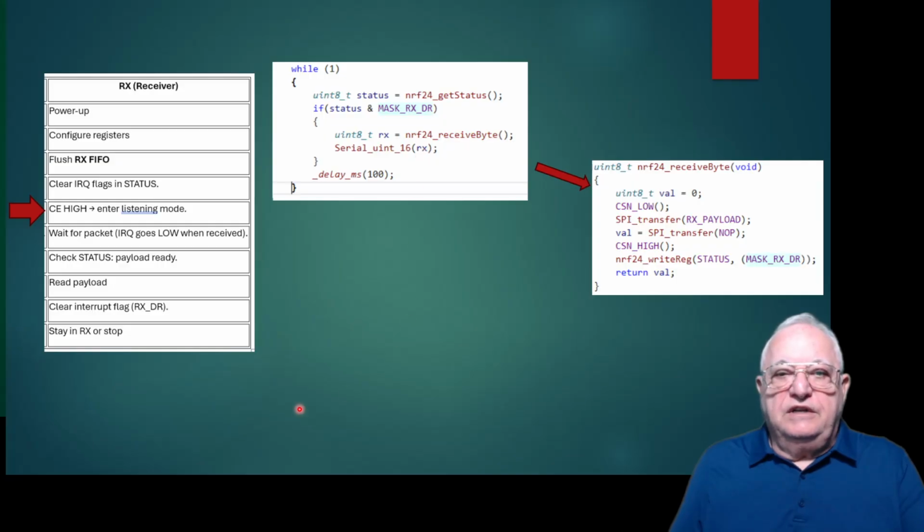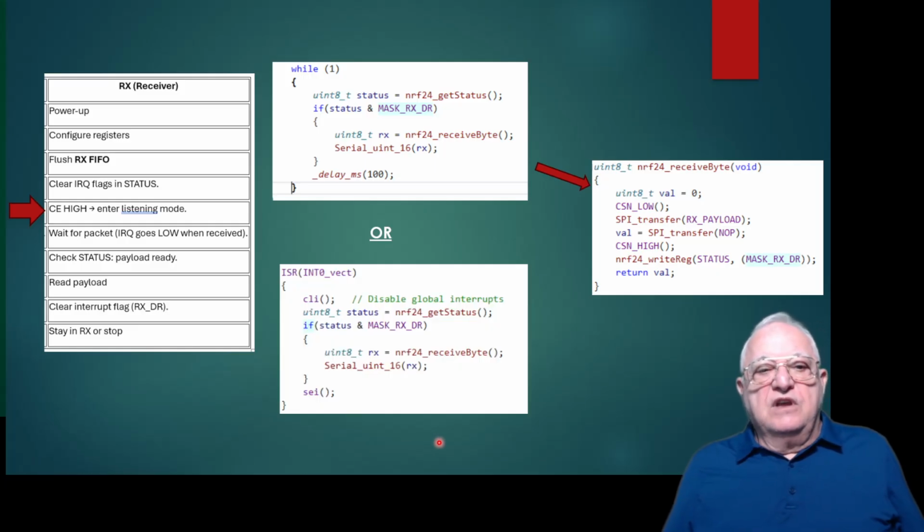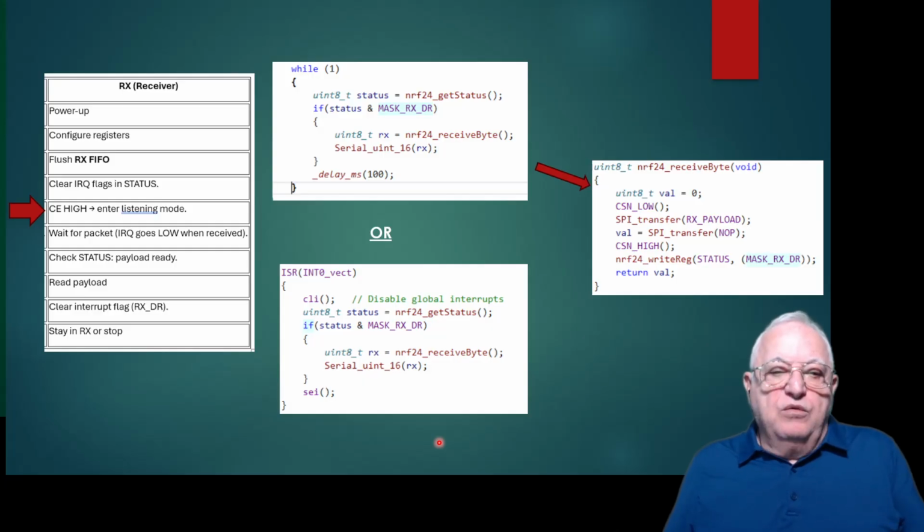Now I have another option, to use interrupts. So in this case, I would use the interrupt. The interrupt service routine is going to be triggered if data has arrived.